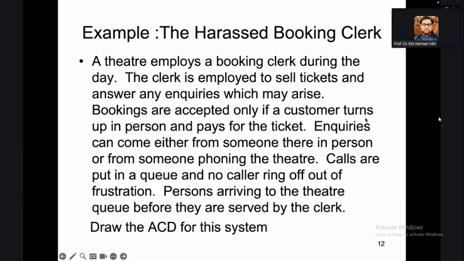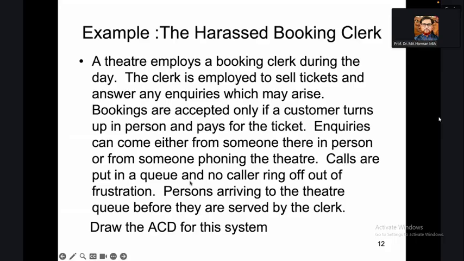Then inquiries can come either from someone who is there in person or over the phone, someone phoning the theater. So here, the people who are asking a variety of questions, the inquirers, can be another entity.